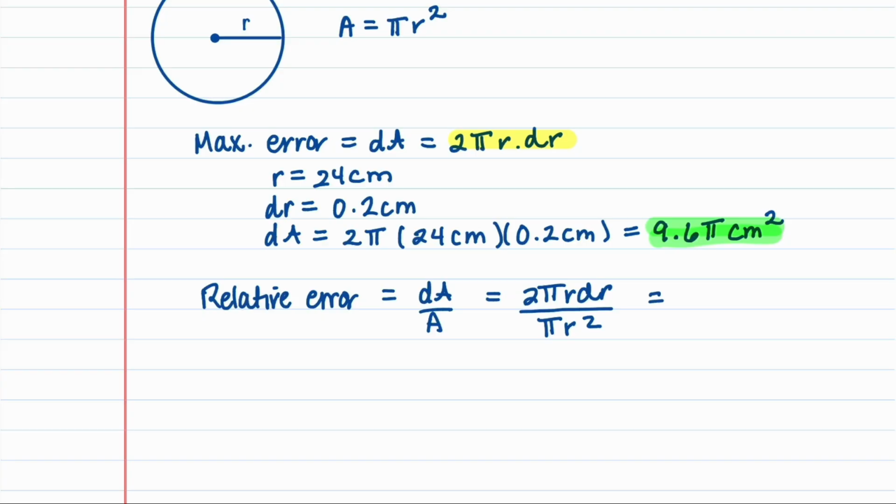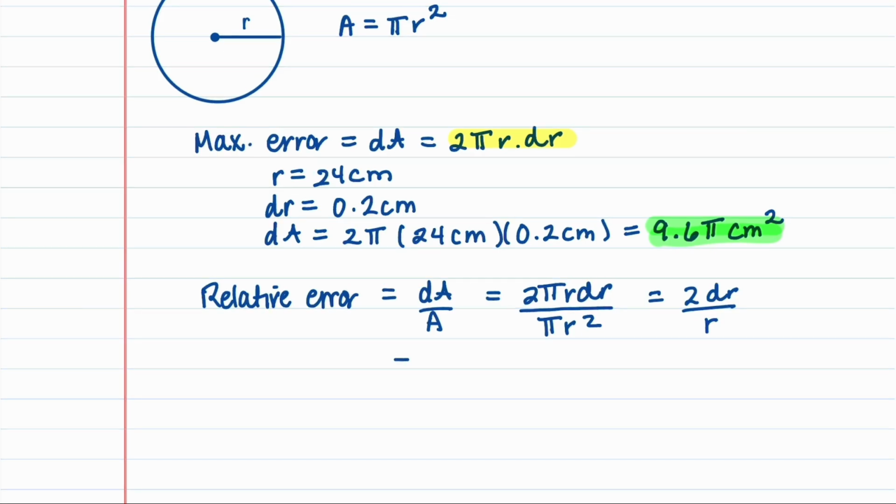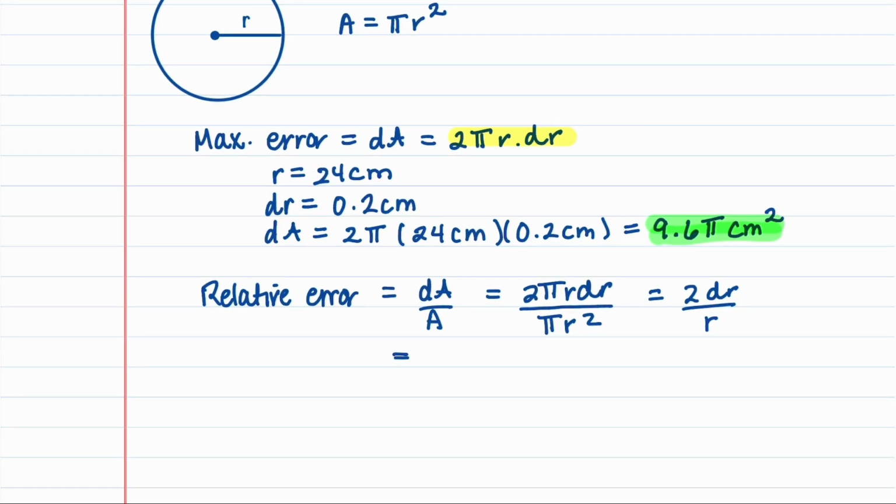So we end up with 2 dr in the numerator and then r in the denominator. We have 2 times dr, which is 0.2 centimeters, all divided by r, which is 24 centimeters, which gives us a relative error of 0.0167.